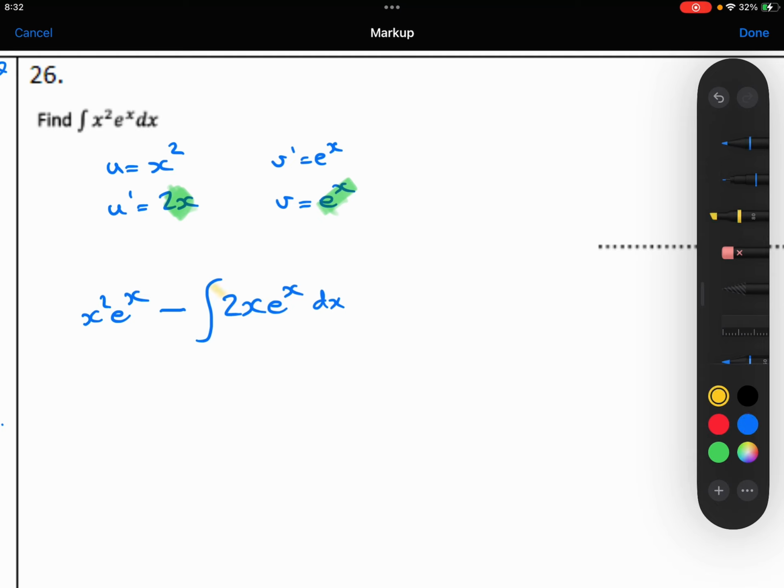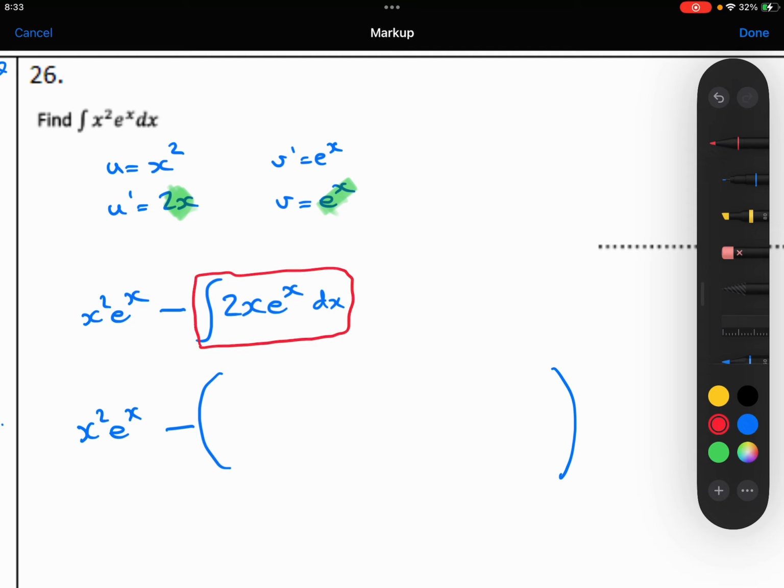Now, in order to integrate this part, well, I'm going to need to use by parts again on this. So, let's use red pen for this integral here. I'm going to say that u is the 2x, and v dash is the e to the x. So u dash is 2, and v is e to the x.